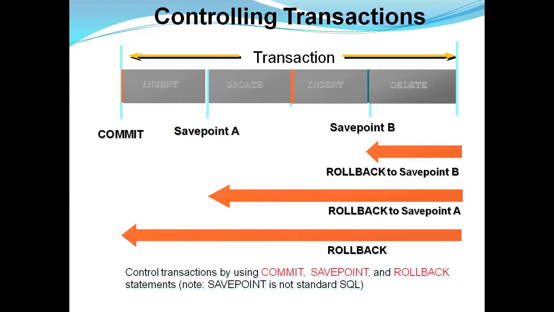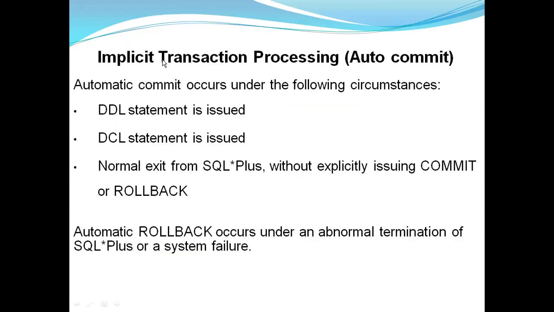Now certain times we can say implicit transaction processing is done. What is an implicit transaction processing? That means आपने commit नहीं किया फिर भी commit होगा. That is called the implicit transaction processing or auto commit. It happens in two cases. One, if you execute a DDL statement, that time DDL statements are implicitly committed.